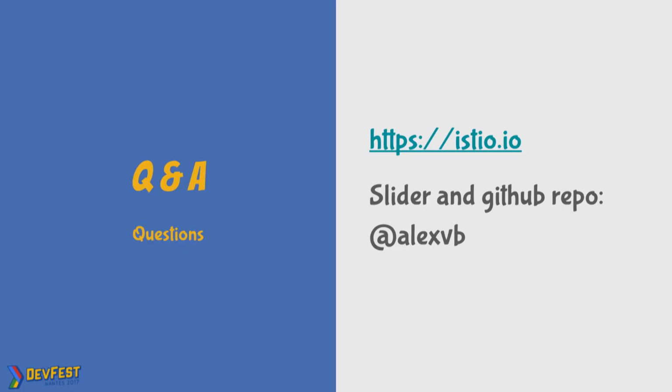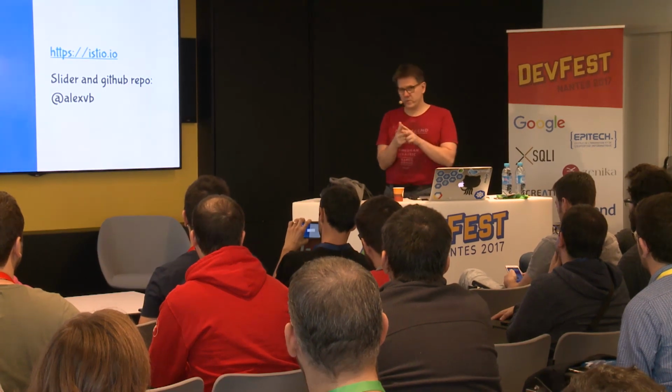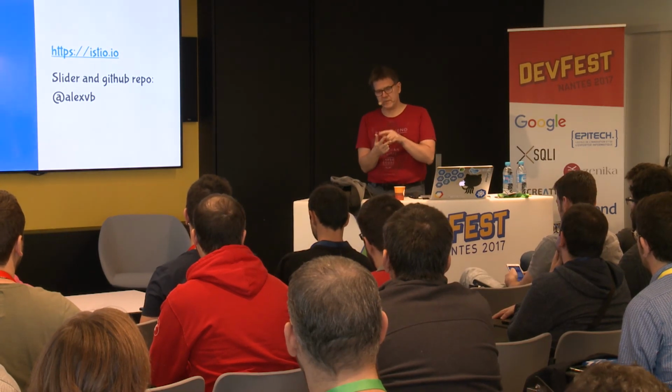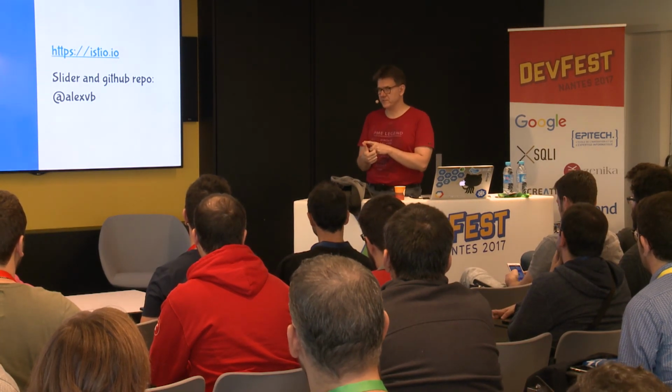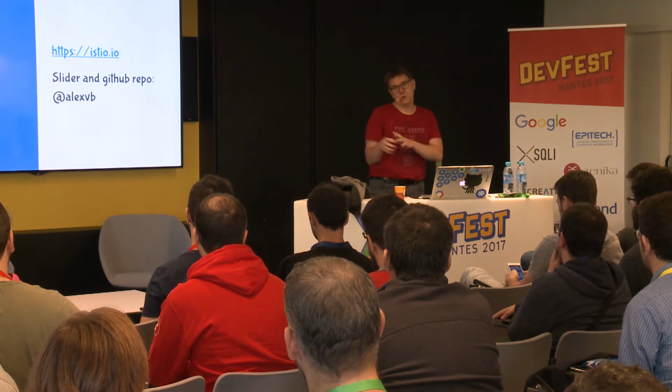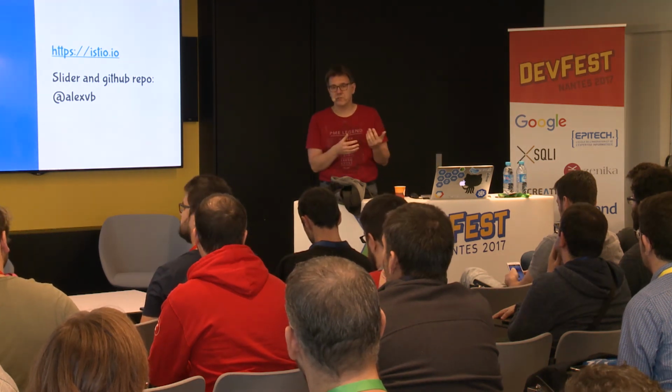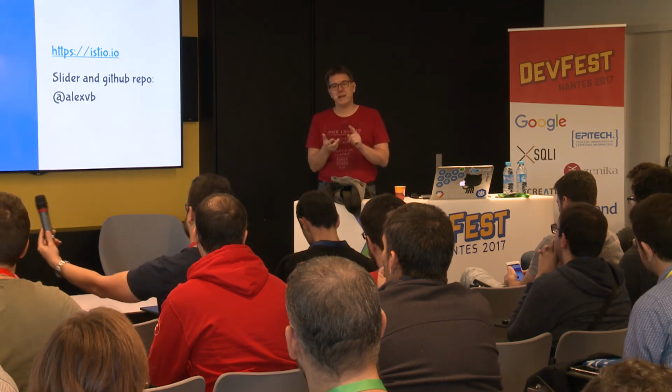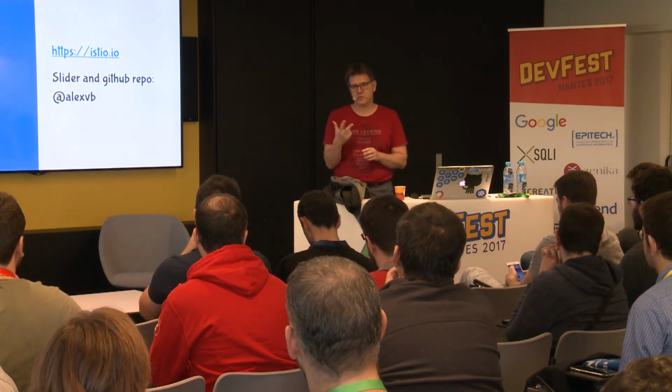Other questions? Yeah, we have two. Hello, what is the company behind Istio? Okay, so the main three companies that started this, of course, Lyft, because they started the Envoy proxy. They're running it already for a long time in production. Google and IBM. So those are the three.